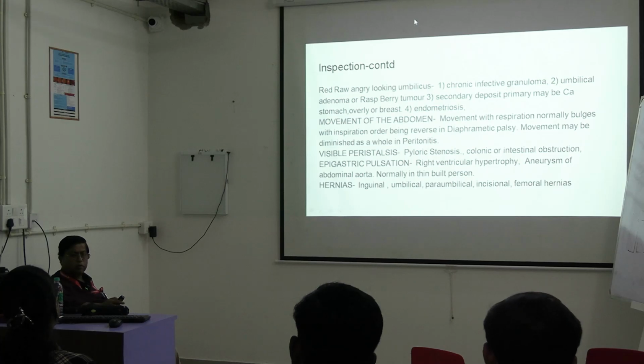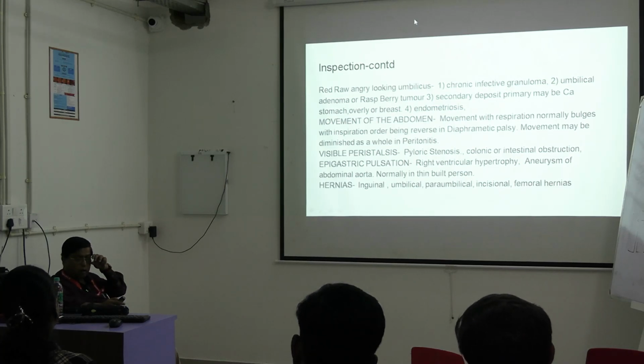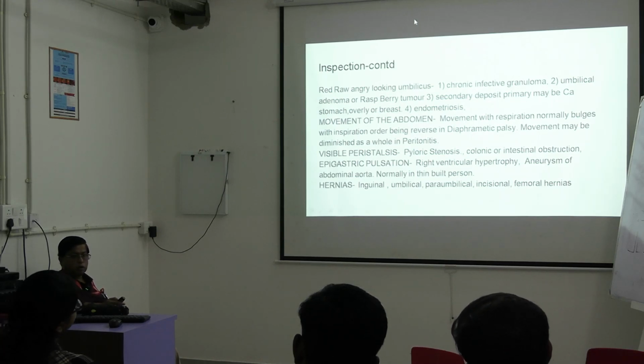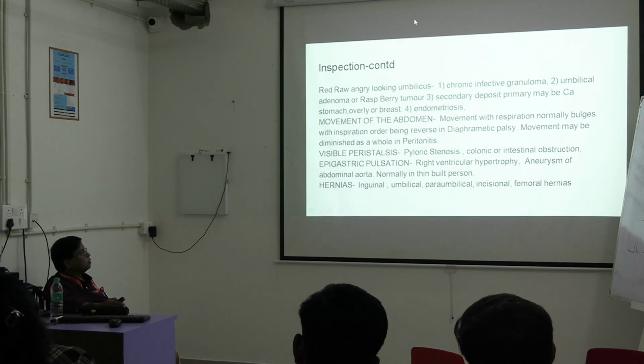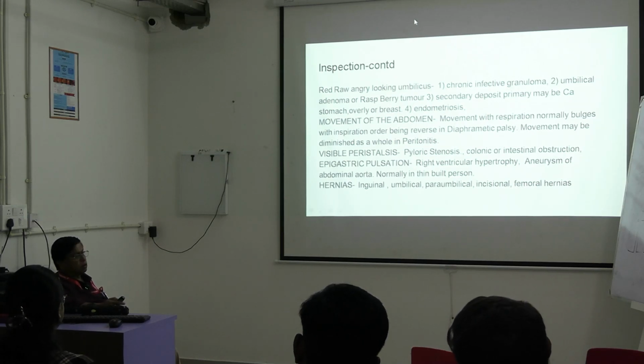It is not vascularized very well, so it is very difficult to heal. If the area is not vascularized well, it is very difficult to heal, and even if you give some medicine, the medicine is also very difficult to reach there. That's why the umbilicus is a site for infections, and it can cause chronic infective granuloma.